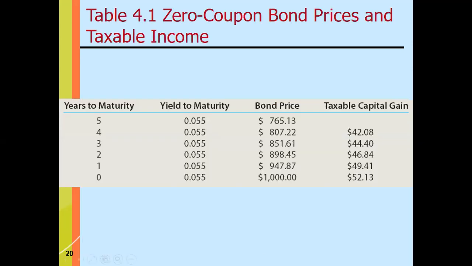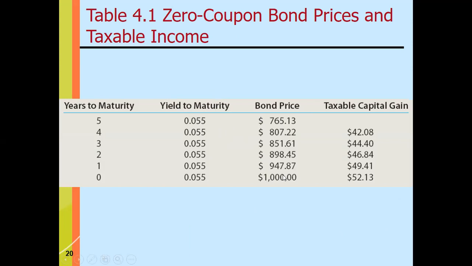All right, here's an example for the prices of bonds that are zero coupon. And then we have the taxable income. This is applicable in the US, and we have different rates in the Philippines. Therefore, we just have to focus on bond prices.